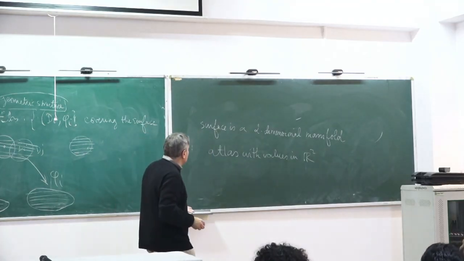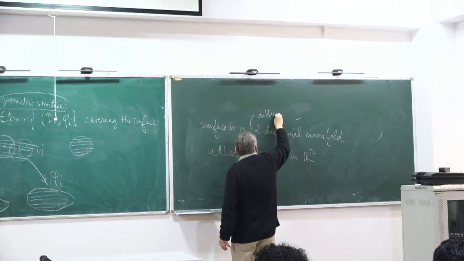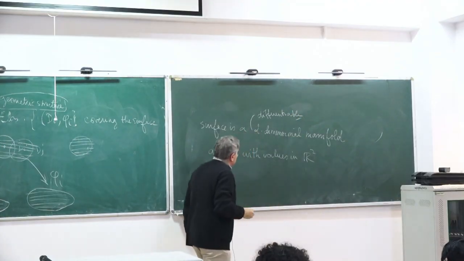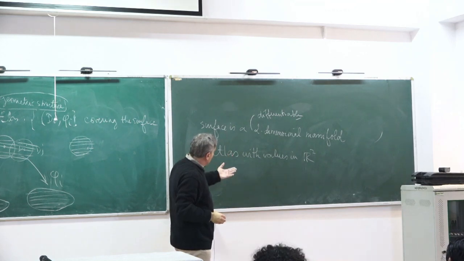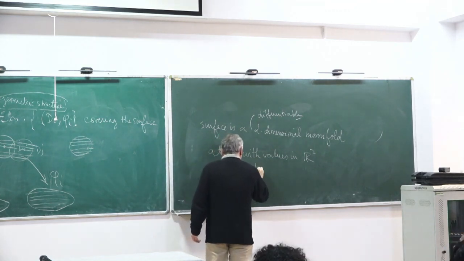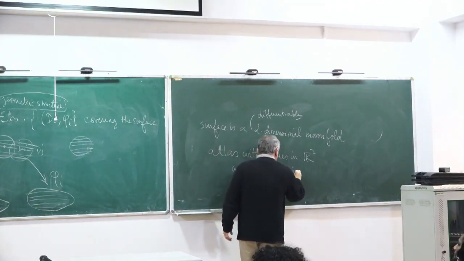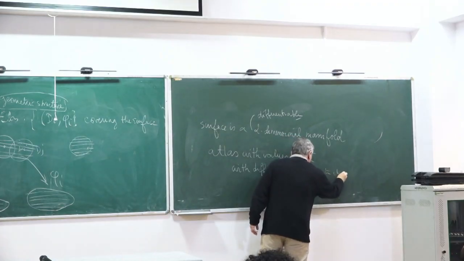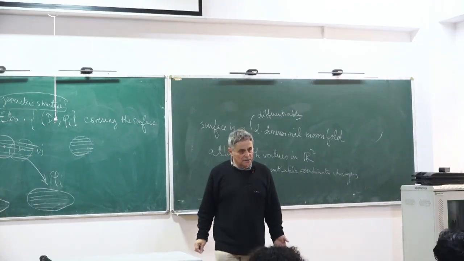But then I can talk about a differentiable two-dimensional manifold, and then I have an atlas with values in R2 with differentiable coordinate changes. So I get a differentiable manifold.